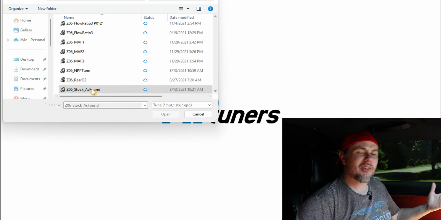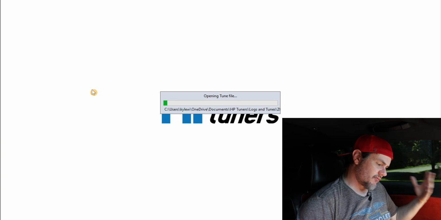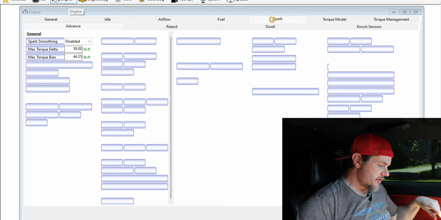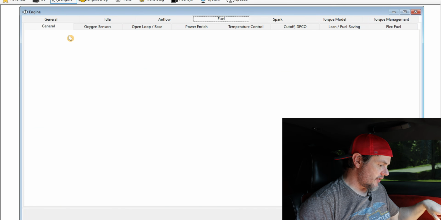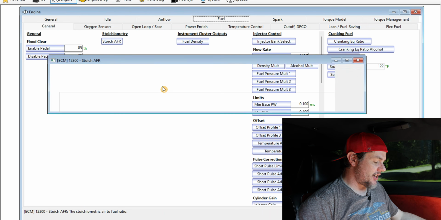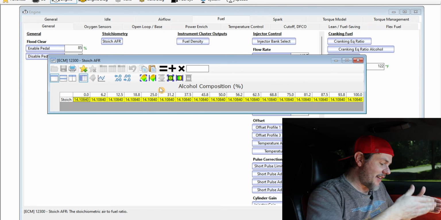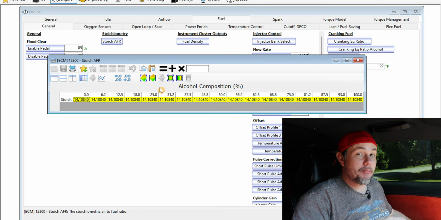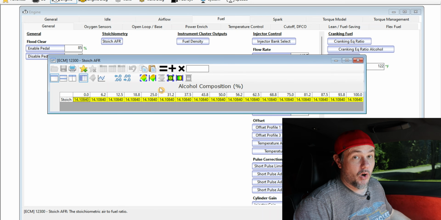Let's take a real quick look at a Chevy tune. Here's my old C7 Z06. We're going to go into engine, same area, fuel, general, stoich, AFR, not FAR, and open this table up. Here we have an ethanol scale, but you can see that they have set it to basically 14.11.